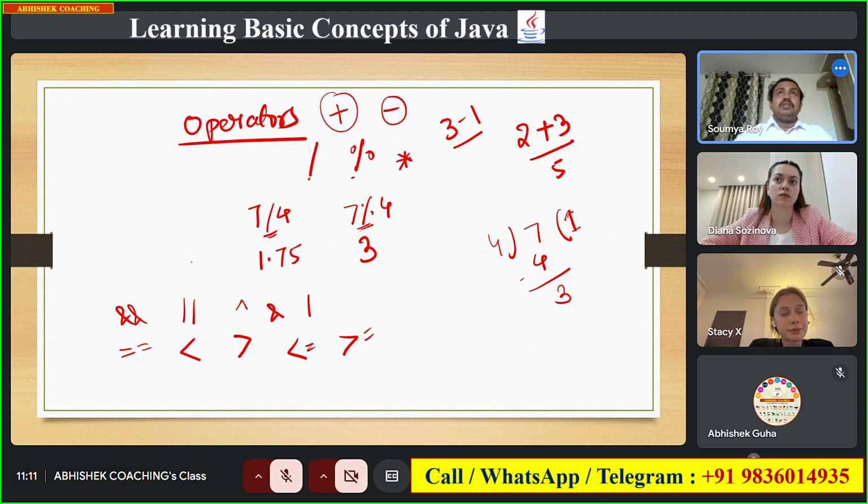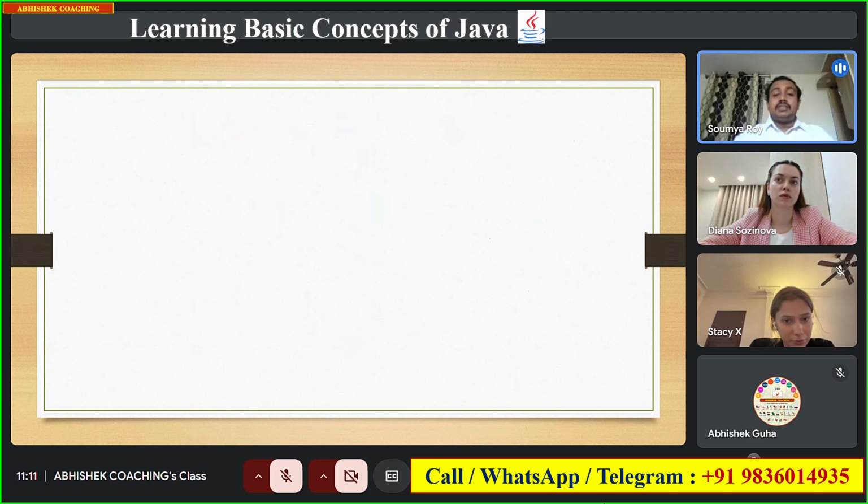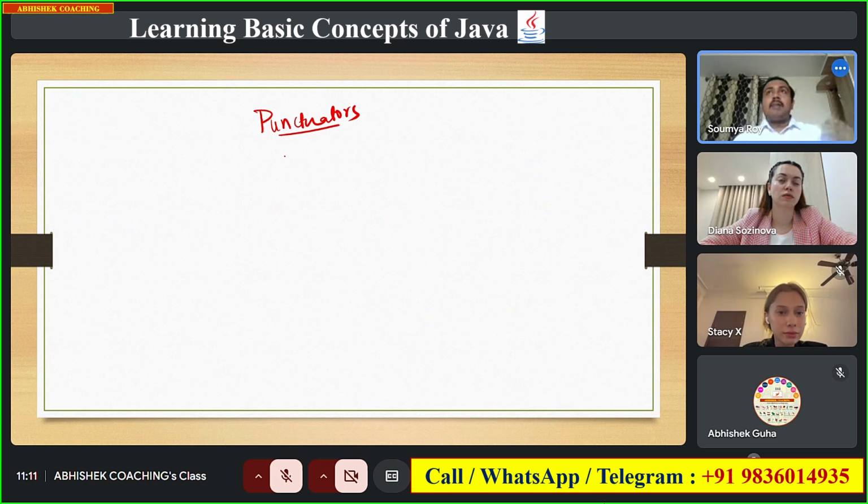Apart from the operators, we have something called punctuators. Punctuators are used to punctuate something in Java, because it is a language.